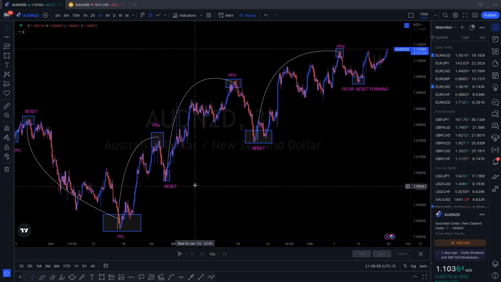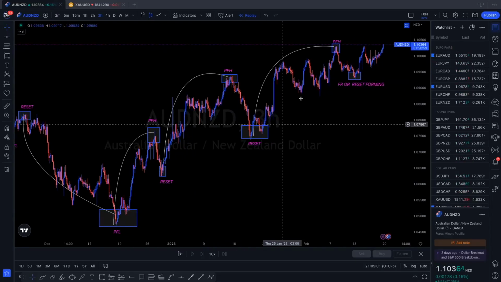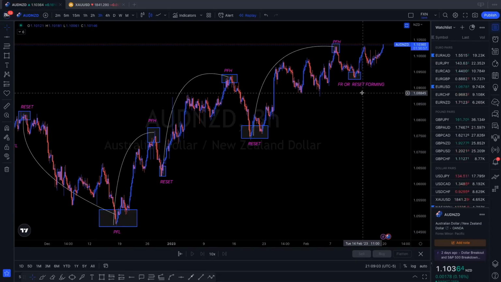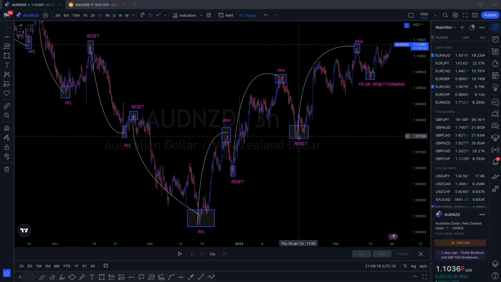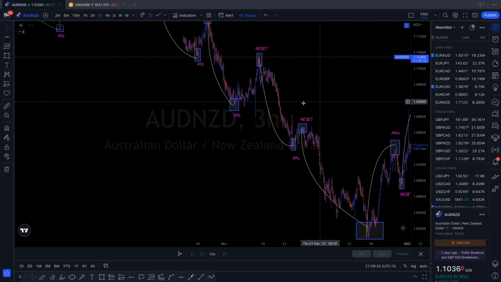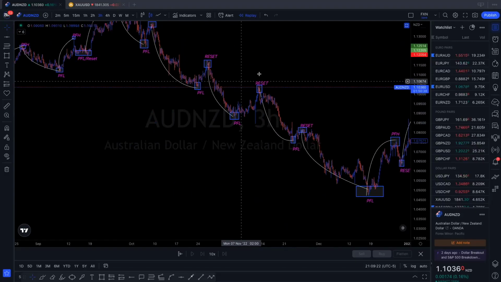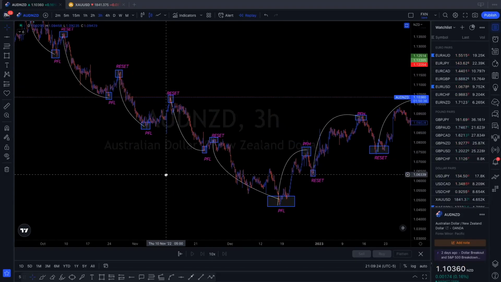The easier that you can break down pairs like this, meaning the faster that you do it, the more comfortable that you should feel with that pair, because you can predict or feel how that pair moves. But if you find it very difficult to break down pairs like this, like finding resets, peak formations, and stuff like that, then it's probably not a pair that you're going to want to trade.